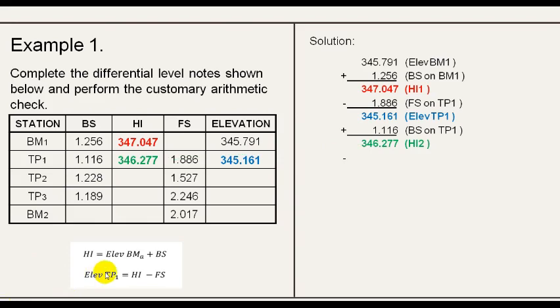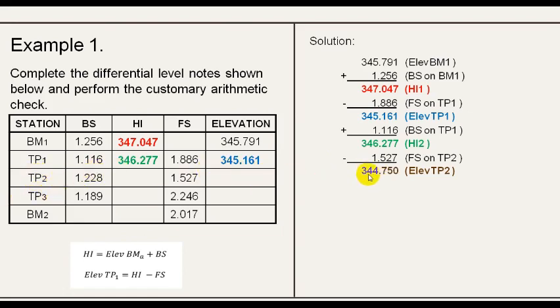Then, next na punta, elevation sa turning point 2. So, remember, kanang formula duha. Sa turning point 2, natay height of instrument which is 346.227 minus sa atong foresight na 1.527 equals sa atong elevation sa station nato sa turning point 2.